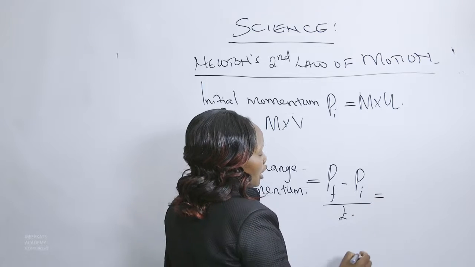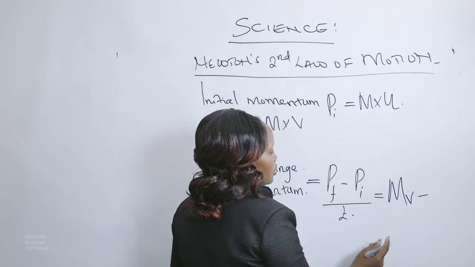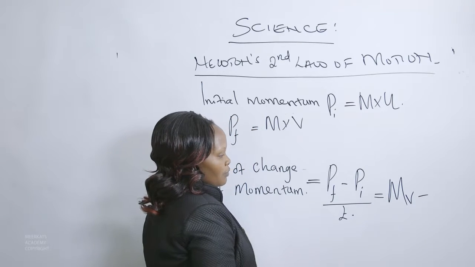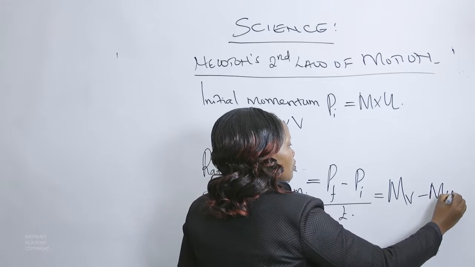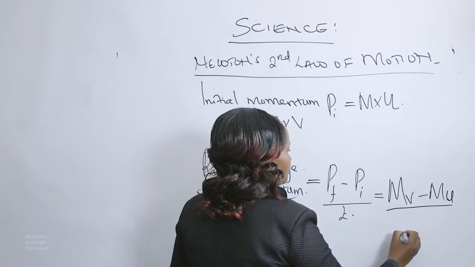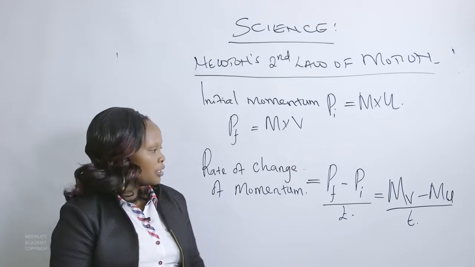This one can also be written as mv, which is our final momentum, minus mu, and this one we divide by the time taken.